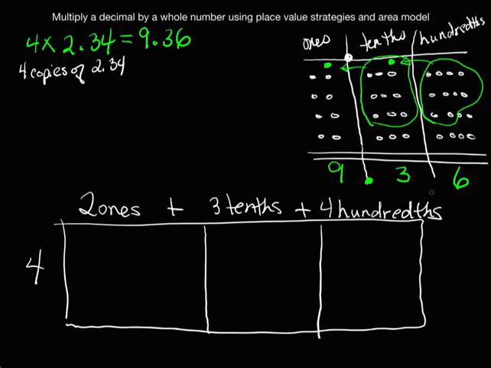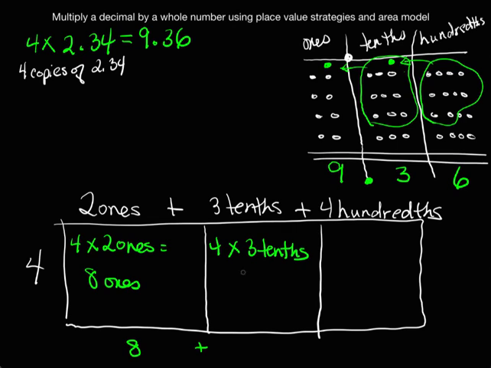Really what we're going to be doing is a distributive property here with our area model. So we're going to go ahead and go 4 times 2 ones. That equals 8 ones. I'll write 8 down below, and we're going to add to it 4 times 3/10, which is 12/10. We know that 12/10 is the same as 1 and 2/10.